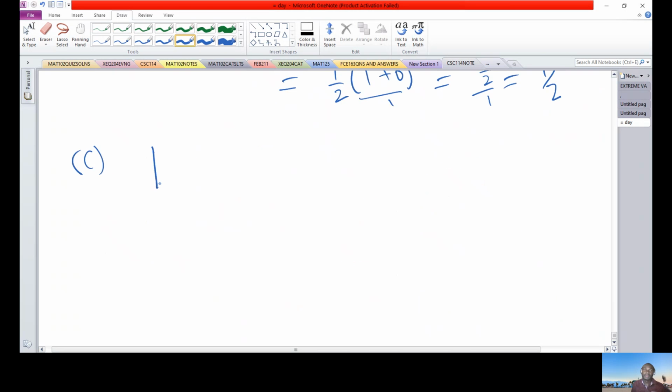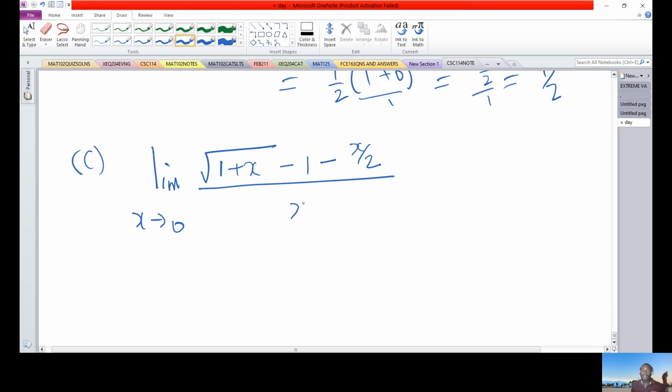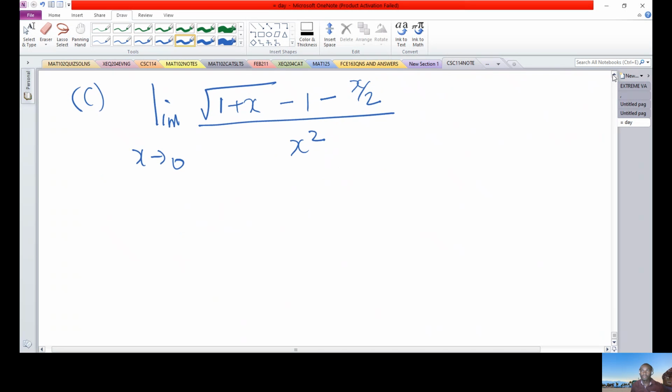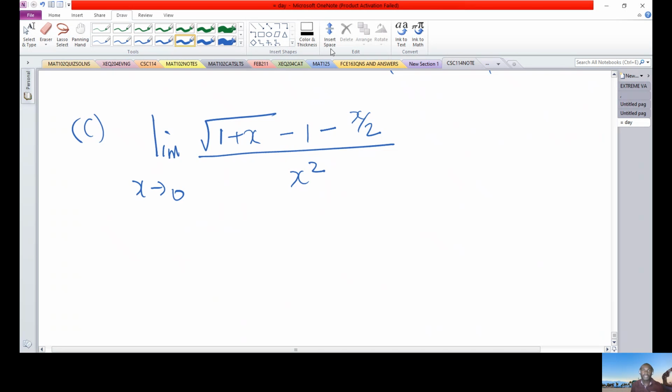Example 3: the limit as x approaches 0 of (square root of 1 plus x minus 1 minus x over 2) over x squared. Here you have to test first before you start the process of L'Hopital's rule.